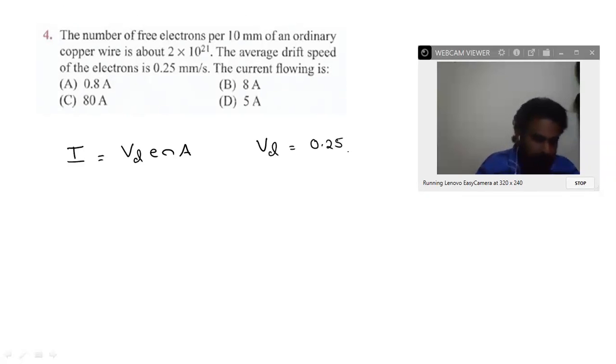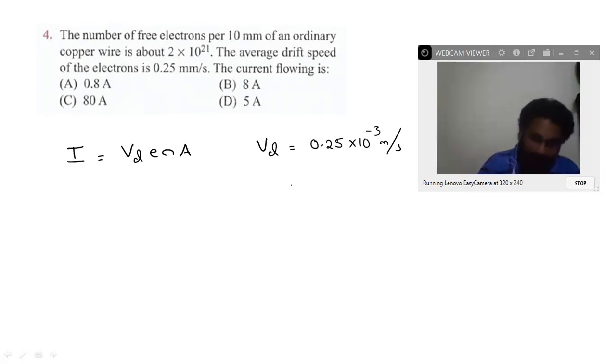So this is 10 raised to minus 3 meter per second. Let it be like that. Then what else is given? The number of free electrons per 10 mm is also given.